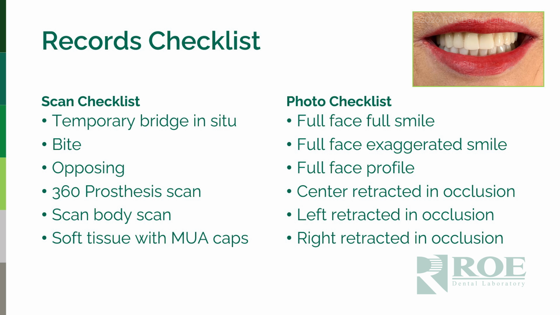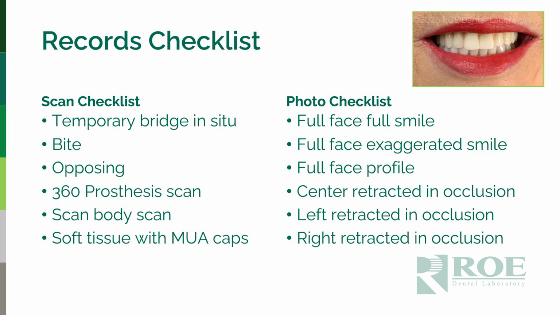Just to run through the checklist on the scans, you've got the temporary bridge in situ, like I showed you at the start of this, the bite and the opposing. Then you're going to remove the prosthesis and you're going to 360 it in your hand with the reverse analog or scan bodies within it. You've got a scan body scan in the mouth, either your Photogrammetry, your Grammetry Optisplint, or your Grammetry ArchBridge, or your normal vertical scan bodies, and then follow the iJig pathway.